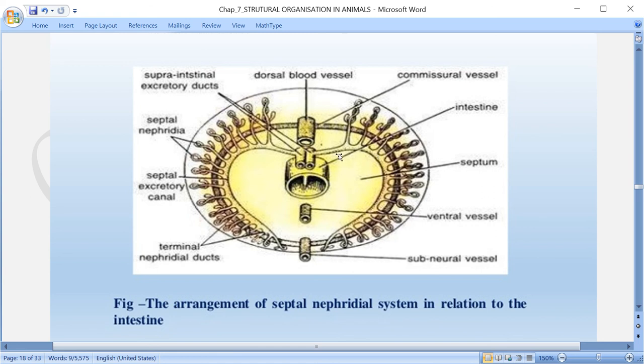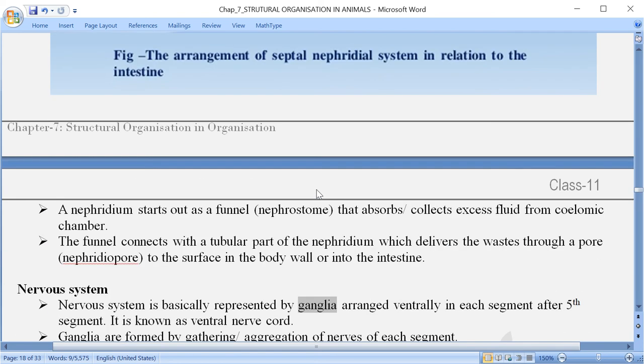First of all, it comes into the supraintestinal excretory duct, and from there it is passed into this intestine, and from the intestine it moves towards the rectum, and then finally it is removed outside the body of the earthworm.